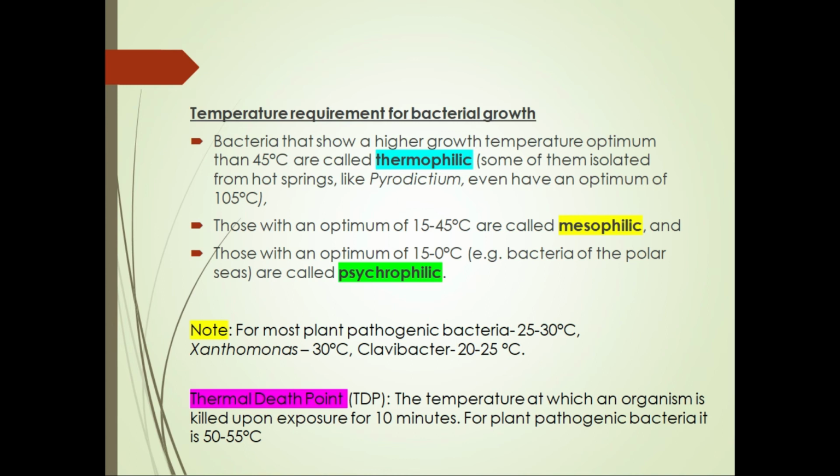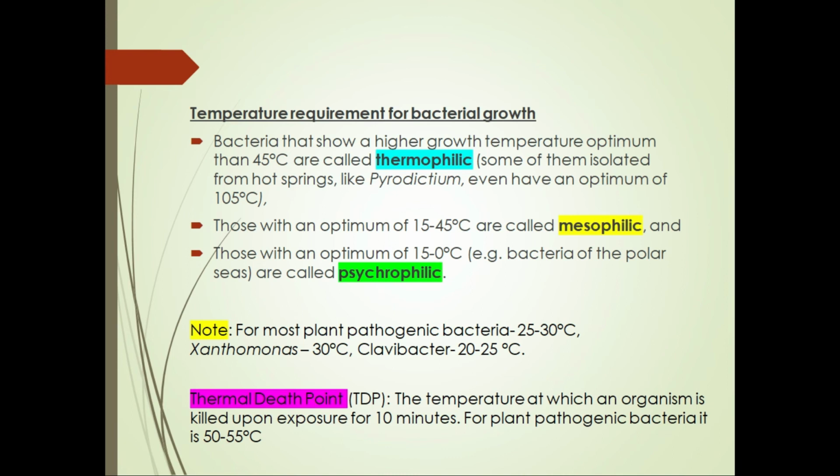The bacteria which grow with optimum temperature somewhere between 15 to 45 degrees Celsius are called mesophilic. And the ones which require temperature somewhere between 0 to 15 degrees Celsius are called psychrophilic bacteria or psychrophilic organisms.